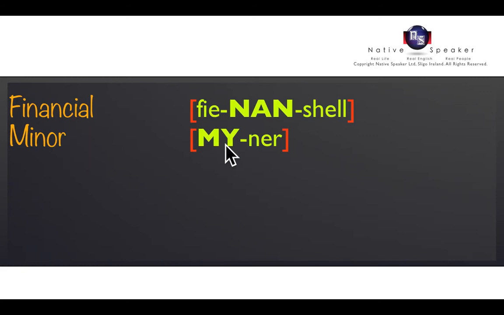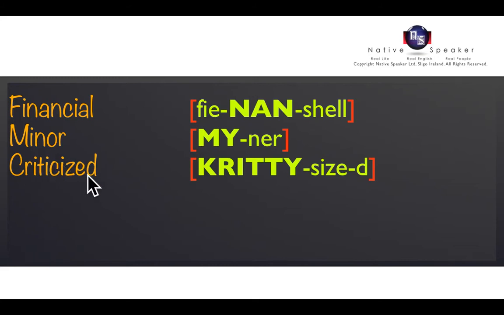This word is pronounced minor, minor. Now this one, criticized. So we say size, like the size of your sweater, and then because it's in the past, put this d sound.